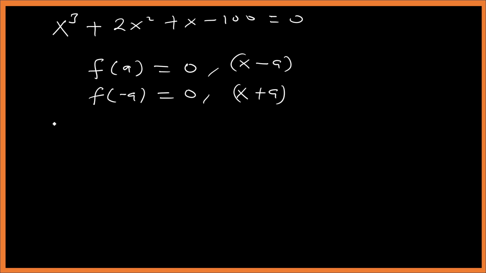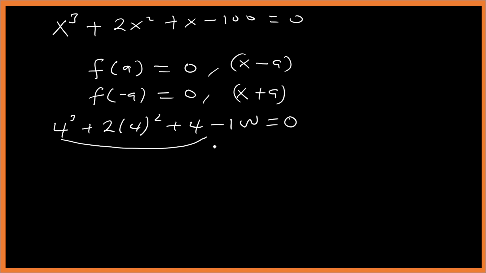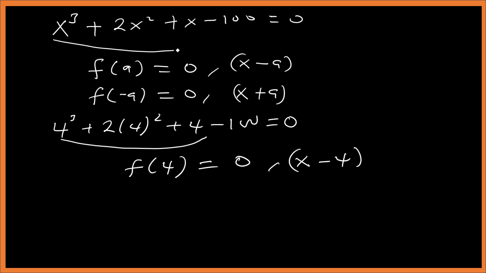Okay, you plug in 4: 4 cubed plus 2 times 4 squared plus 4 minus 100 will give you 0. So this side is 100 minus 100. It means f of 4 equals to 0. Therefore, x minus 4 is a factor. Okay, so once x minus 4 is a factor, we are going to divide this one by the factor.